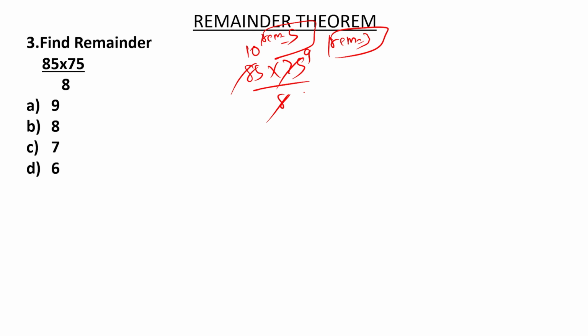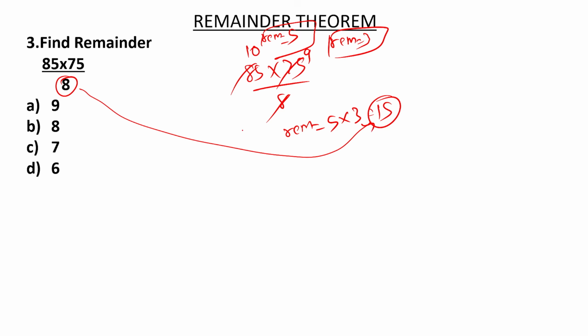Here, your remainder is 5 into 3, equal to 15, but the remainder must never be greater than the dividend. Whatever dividend we use, it must never be greater. You understand? This one is wrong.